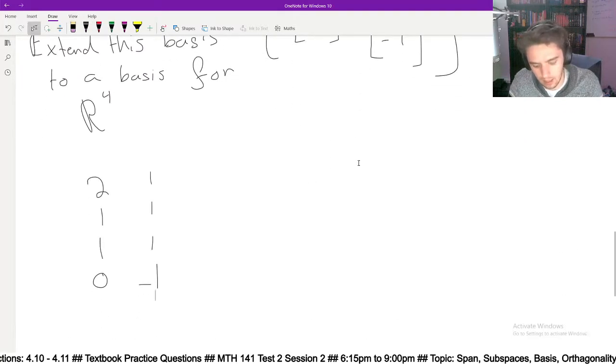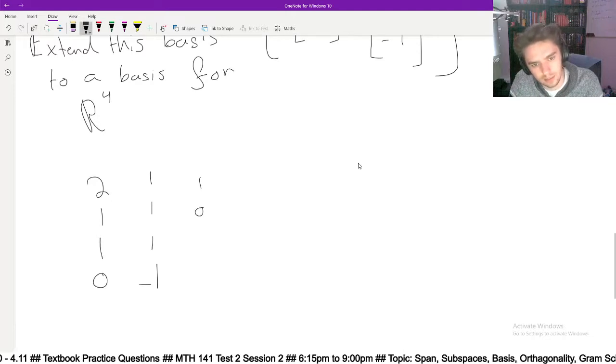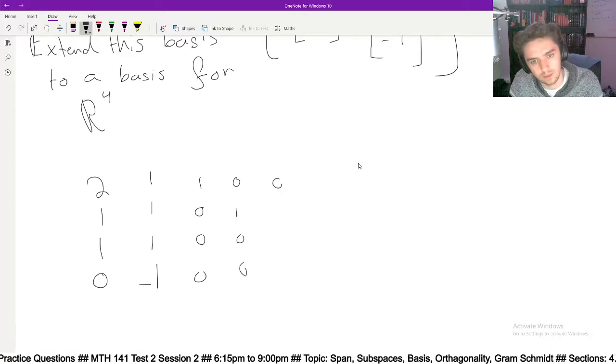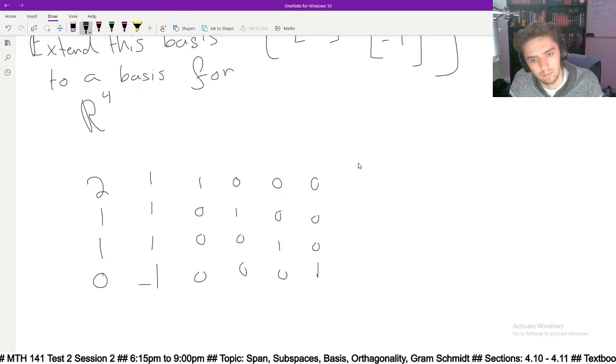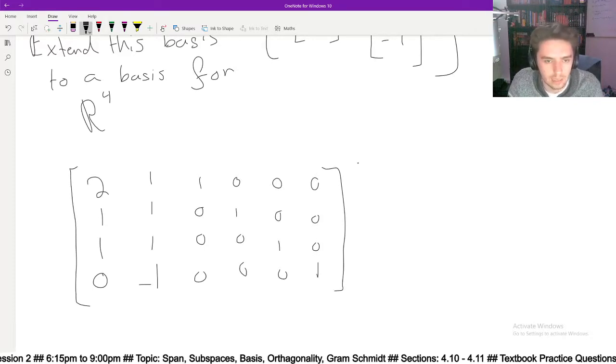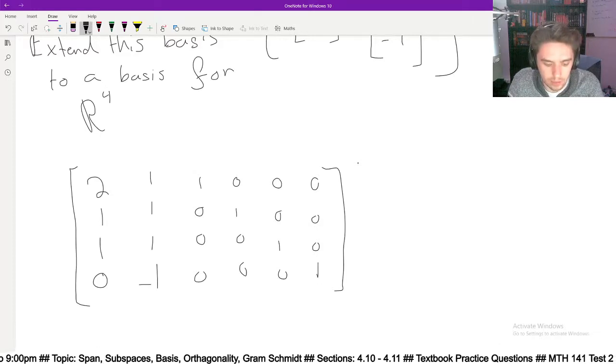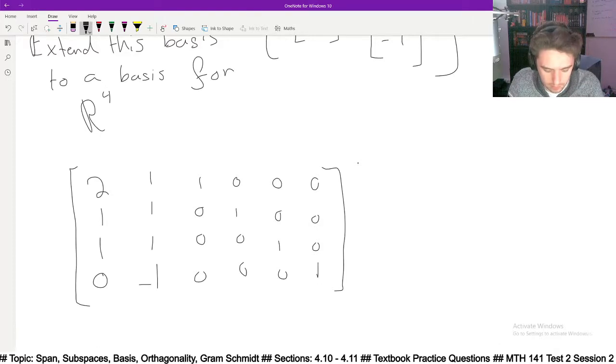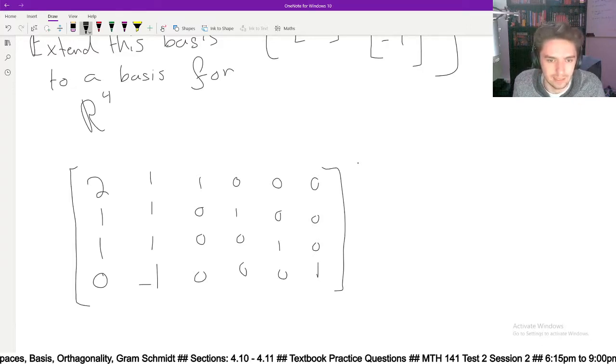And attach onto the side the standard basis for R4, right? And then from here, the reason you do that is because you want to see the basis for the column space of it, right? So you want to see any linear dependencies in the column space.